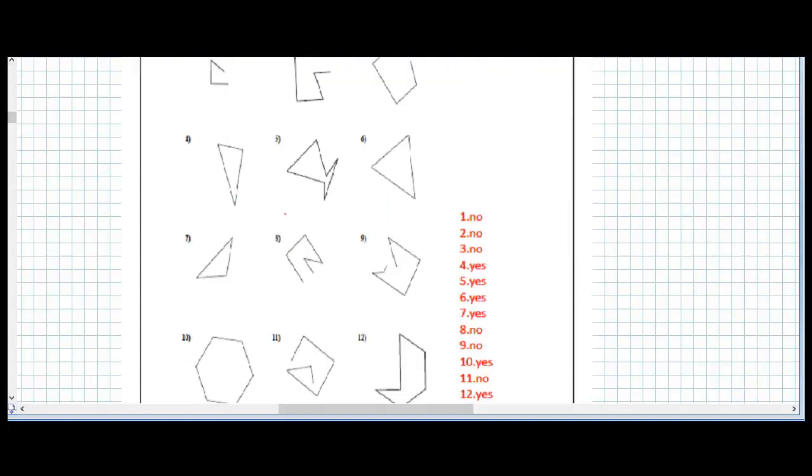Second one also open, so it's not a polygon. Third one open, so not a polygon. Question 4 closed, so it's a polygon. Question 5 also closed. 6 closed, 7 closed, so all of these are polygons. But if it's open, it's not a polygon.